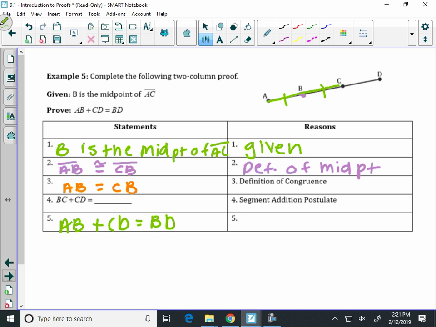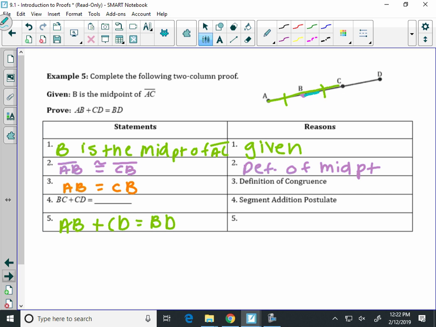So now that we converted, we went from congruent to equals, and whenever we convert congruent to equals or vice versa, it's definition of congruence. This next statement and reason is saying segment addition postulate. That's like angle addition postulate, where we're adding two smaller angles or two smaller segments, and it's going to equal a big segment. So you just have to look in your diagram.